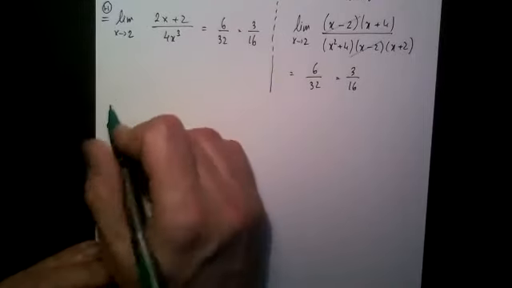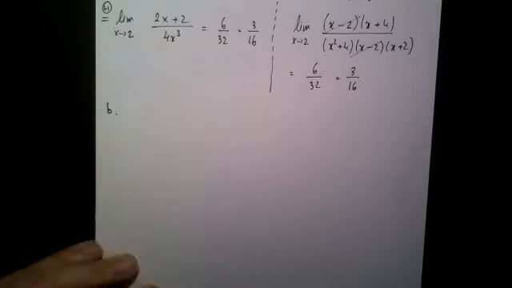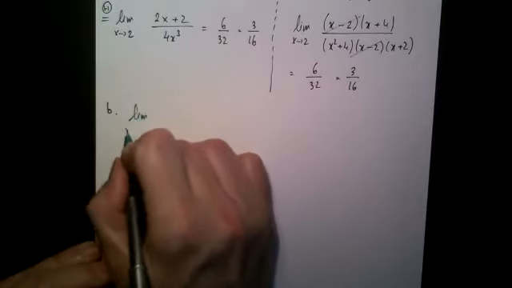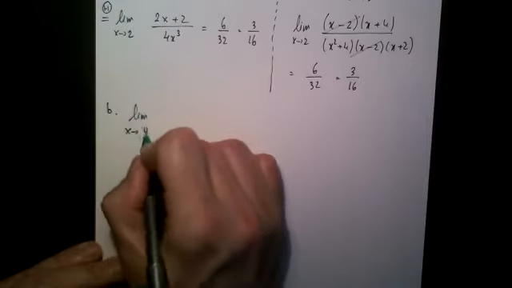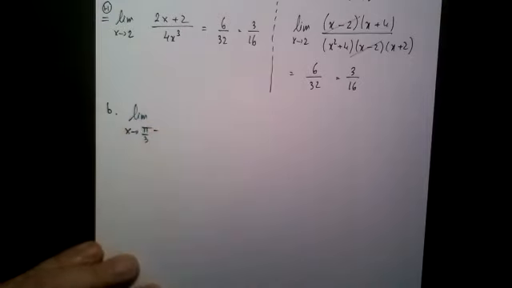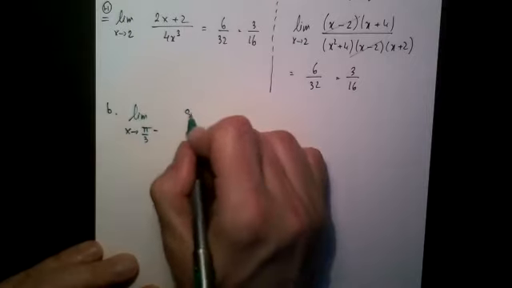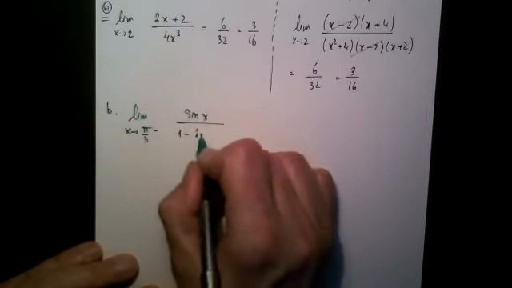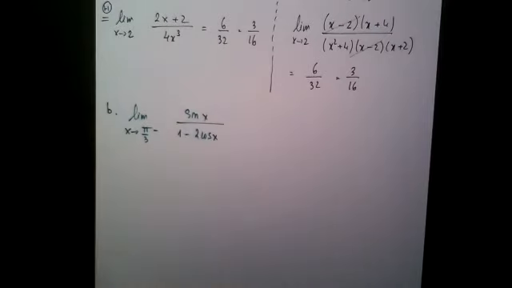B. Limit as x approaches pi over 3 from the left side of sine x over 1 minus 2 cos x. So what is the first thing I do?